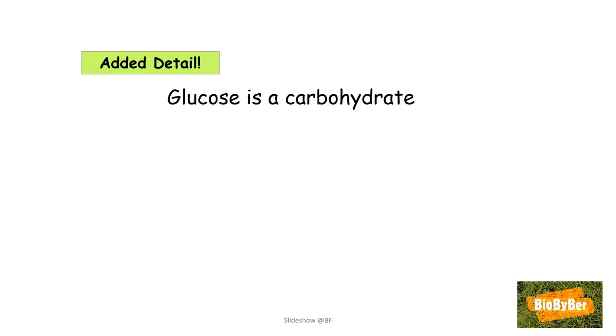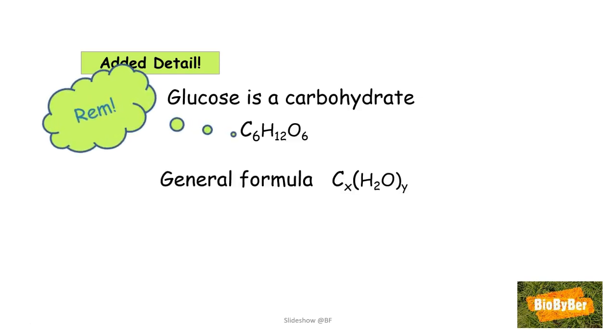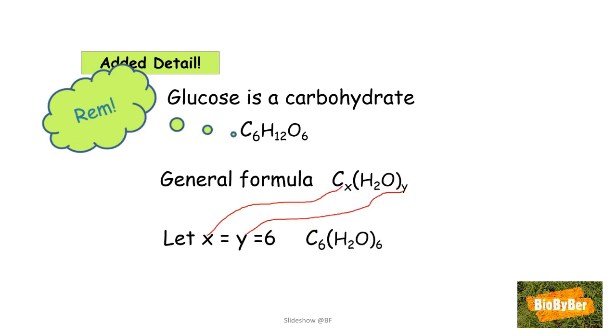Some added detail. Glucose is a carbohydrate. Remember the formula, C6H12O6. It can be represented by a general formula, CxH2OY. Remember, let X equal Y and equal 6. So we put in 6 instead of X, 6 instead of Y, and what will we get?